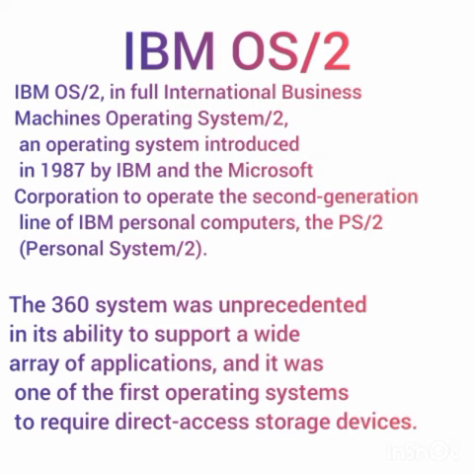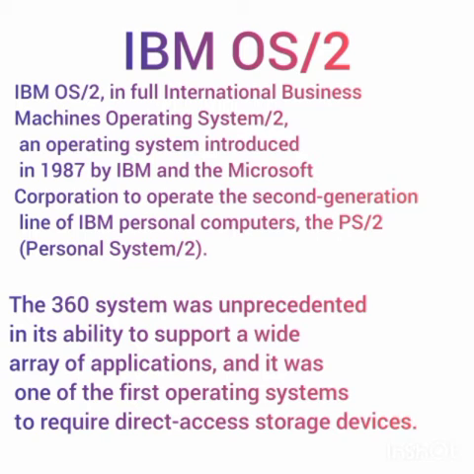IBM OS/2, in full International Business Machines Operating System/2, an operating system introduced in 1987 by IBM and the Microsoft Corporation to operate the second generation line of IBM personal computers, the Personal System/2.